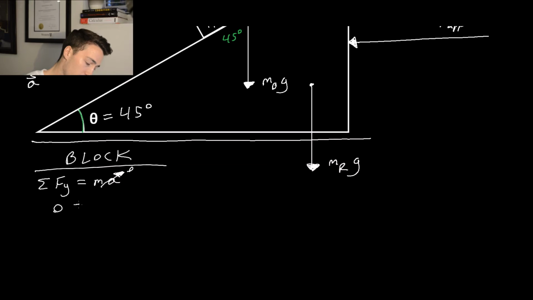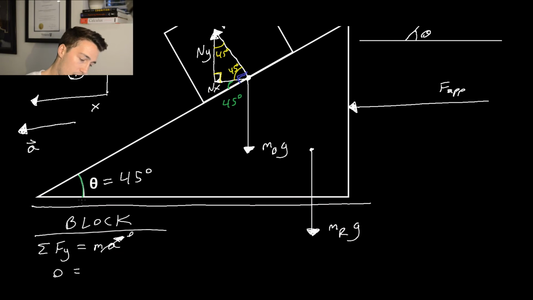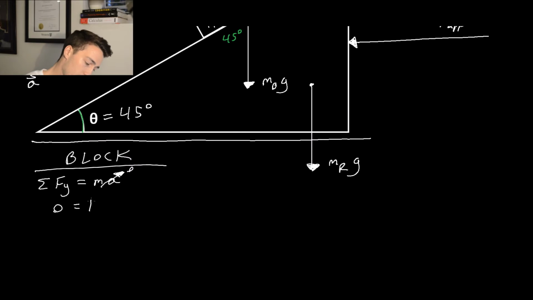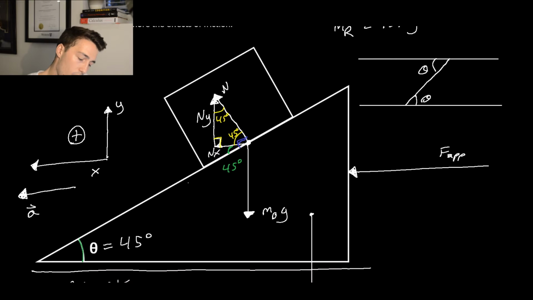So here we can write 0 is equal to, and then now use our forces. So it looks like we have Ny in the positive direction, so that's the normal force in the y direction, and then minus Mbg. That seems to be it. So we can solve for our normal force. We'll say Ny is equal to Mbg, and then if we look, our Ny, well, it could be cos or sine, because sine of 45 and cos of 45 are equal.